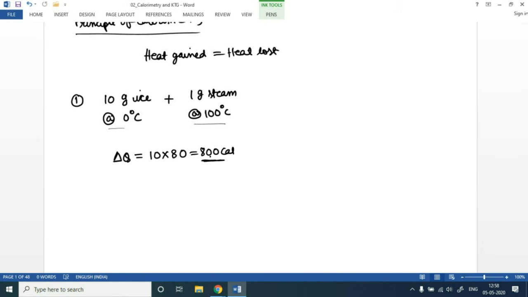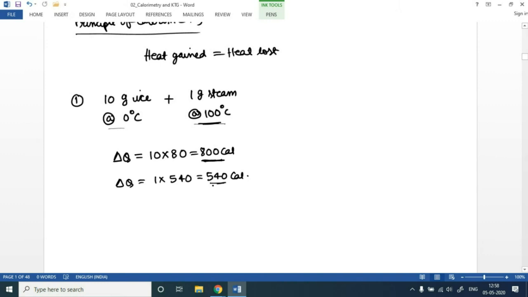So let's estimate how much heat the steam would be losing. If all the 1 gram steam condenses, 1 into 540, that is 540 calorie heat would be released. You can see that 540 calorie is less than 800 calorie.